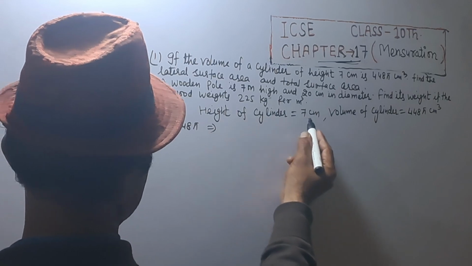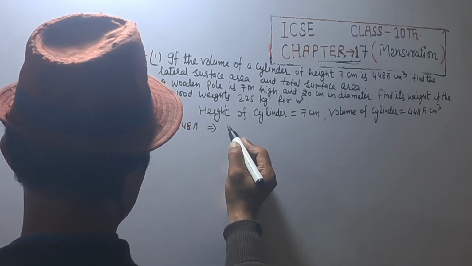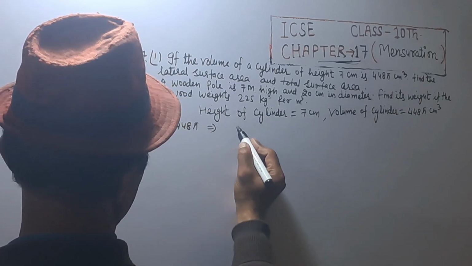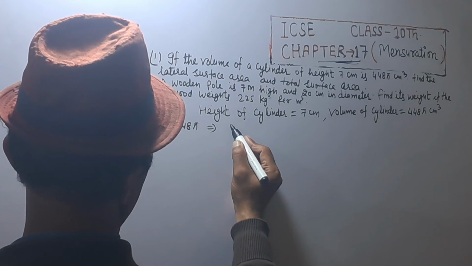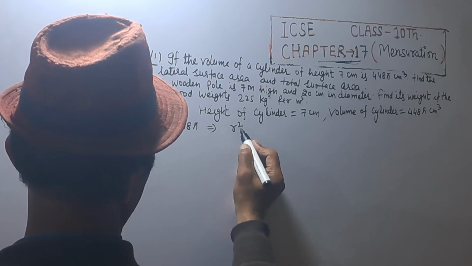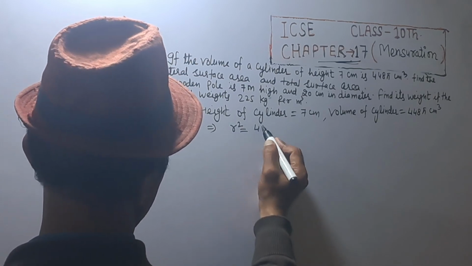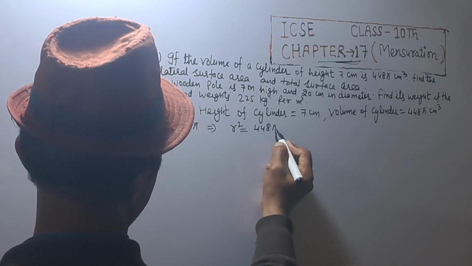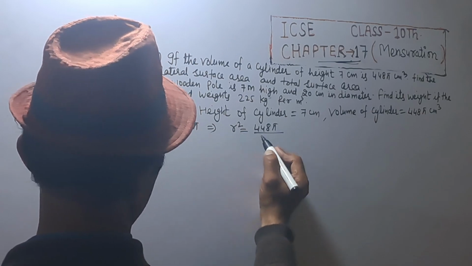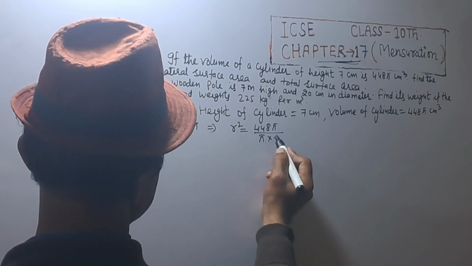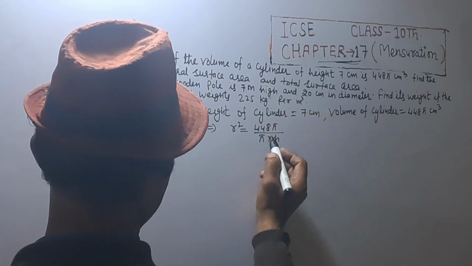r square is equal to 448 pi upon pi into h, and h is 7.